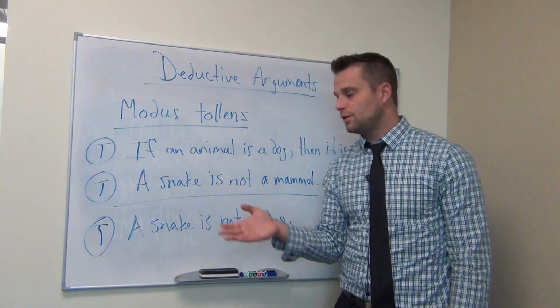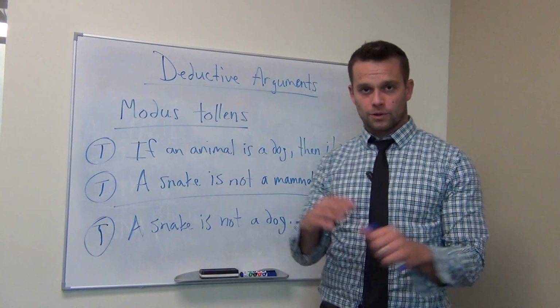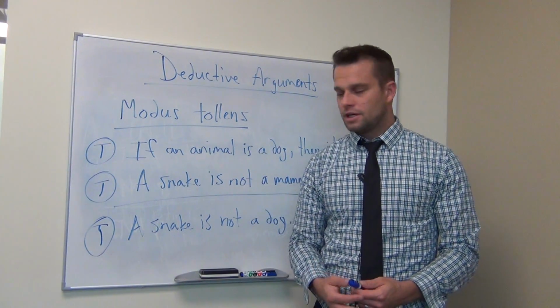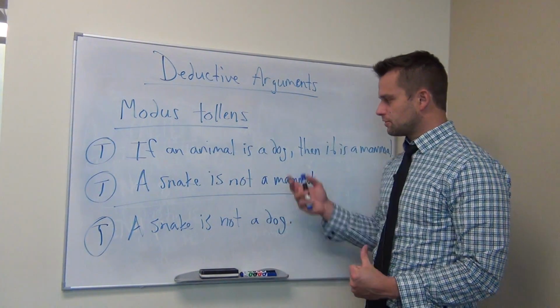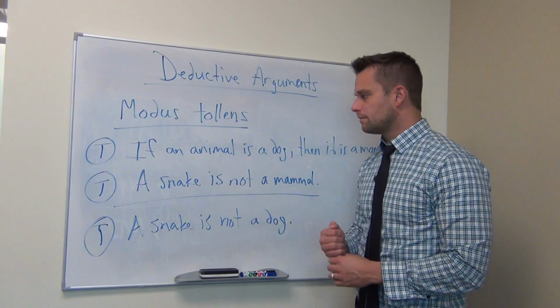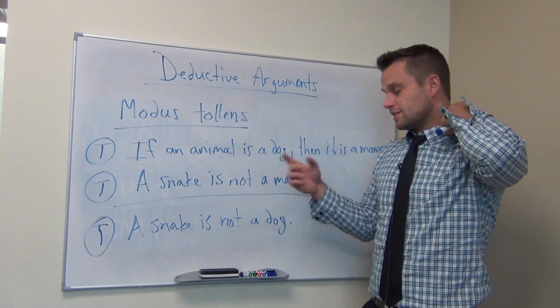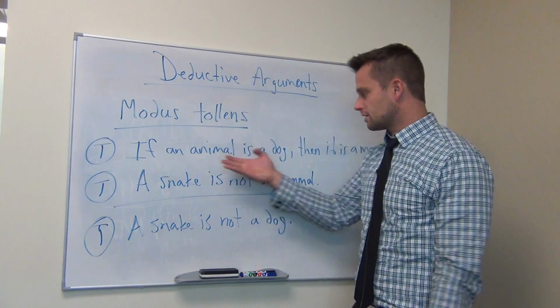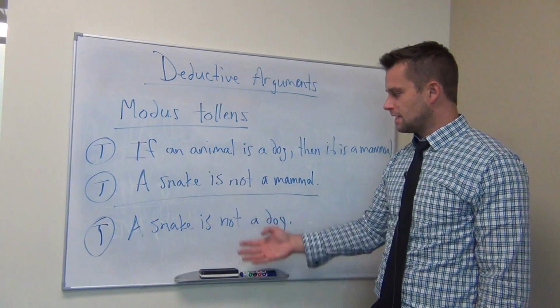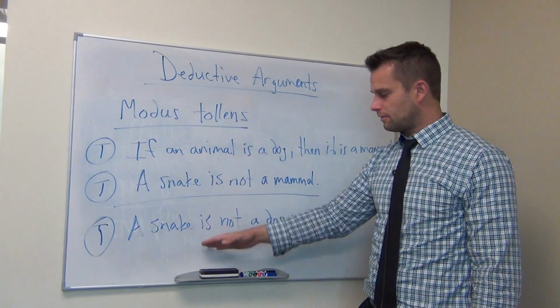Well, good luck. If you can do that, you will become a world-renowned logician. No one yet has been able to come up with an example. You can spend hours and hours trying to find an example that has true premises of this form and a false conclusion.